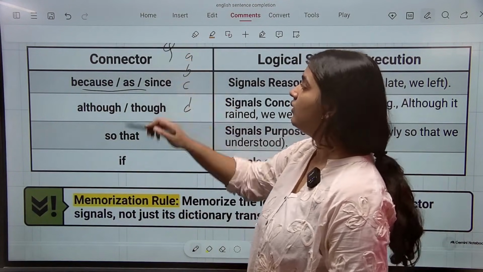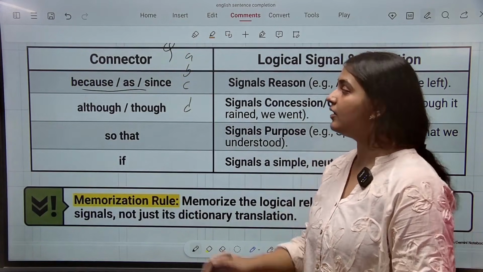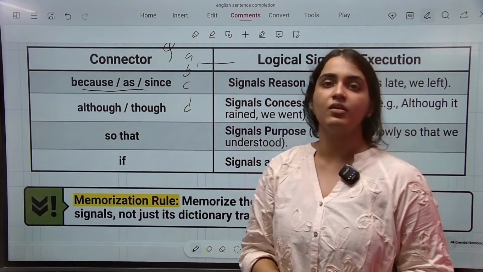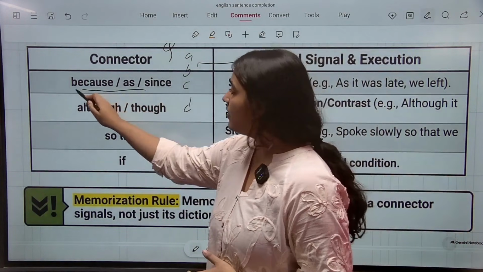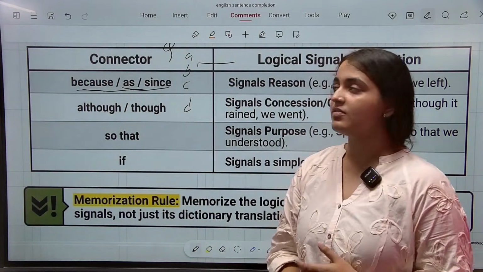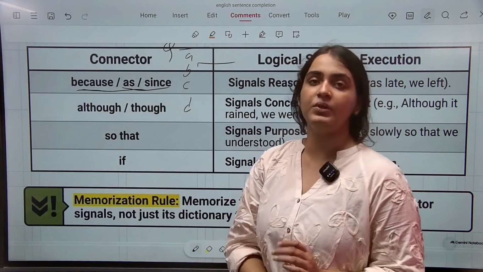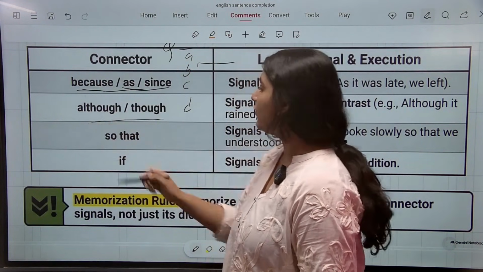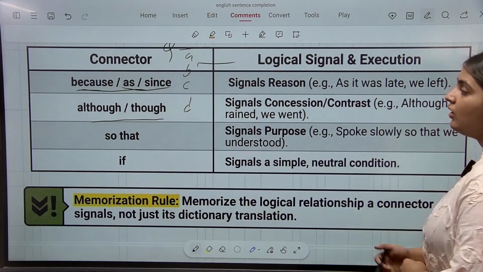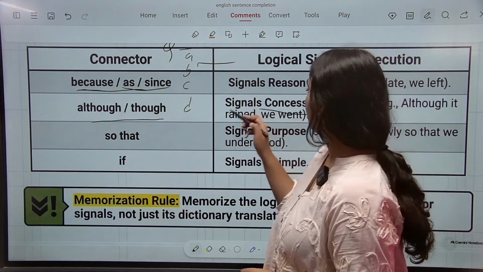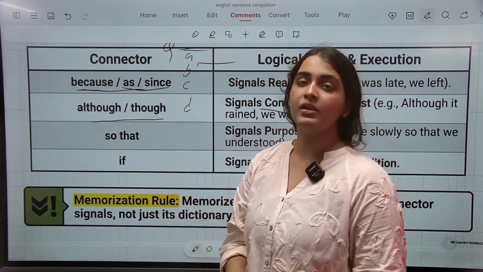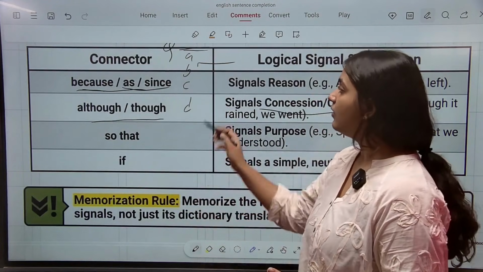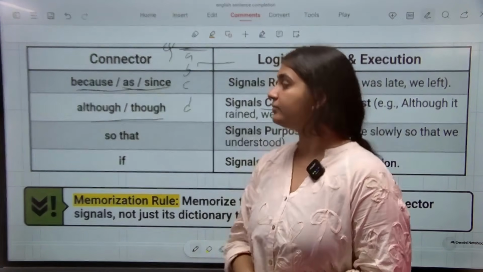Someone is hungry because she is sad, because she is full. Because gives the reason why this is happening. Although, though is for contradiction, concession and contrast. What does that mean? Although something is happening, despite that the opposite thing is happening.